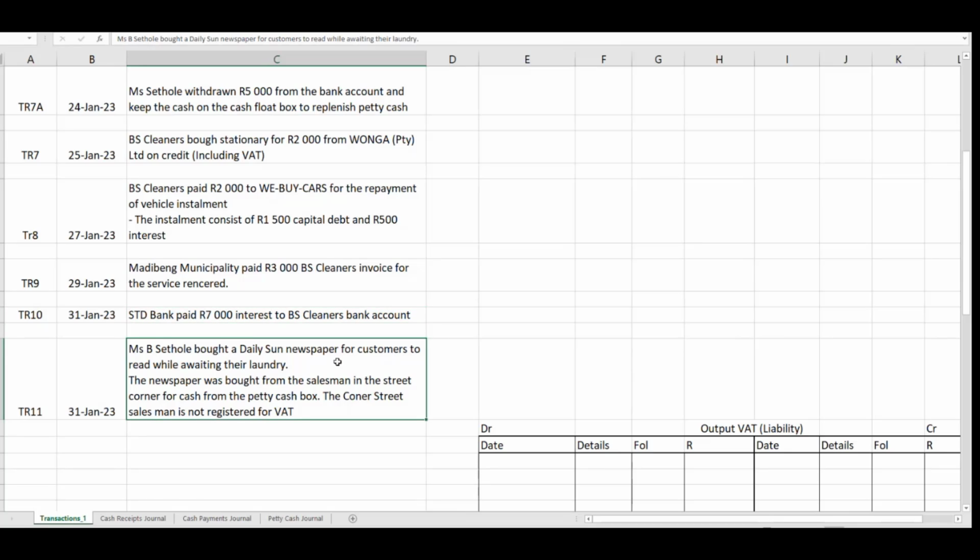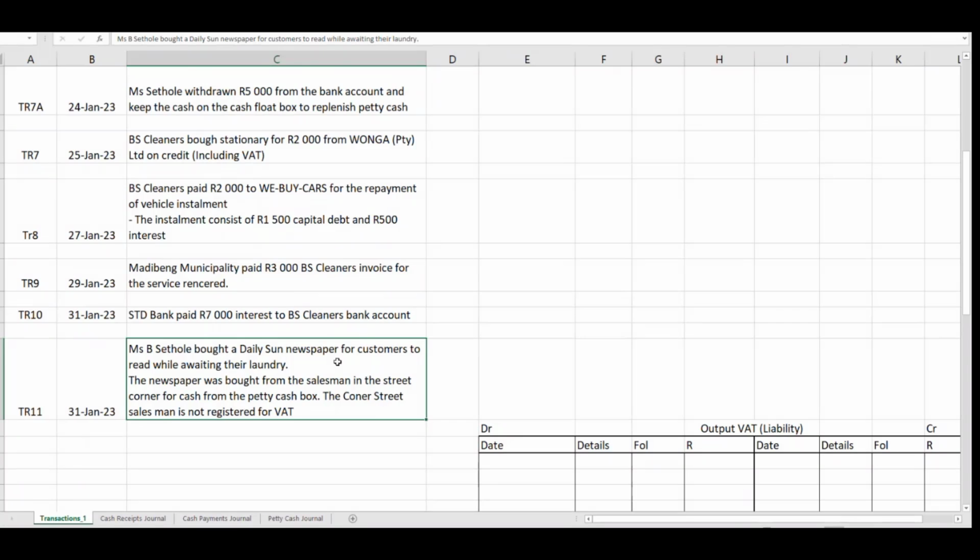This one we have debated in your absence. I will be very interested to hear what I feel. Miss B Sitole bought a Daily Sun newspaper for customers to read while waiting for their laundry. The newspaper was bought from a salesman on the street corner for cash from the petty cash box.